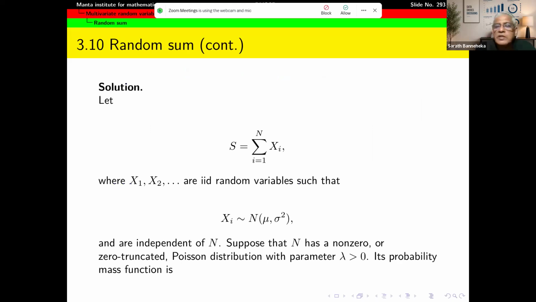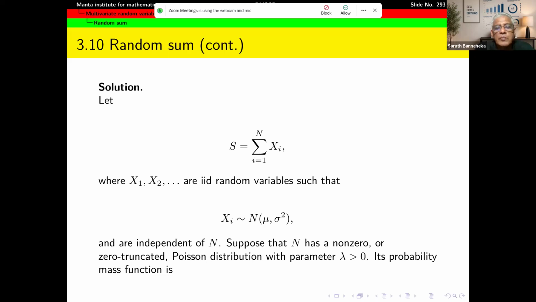So we are considering a sum of n random variables where n has a truncated Poisson distribution, and each xi is assumed to have the same normal distribution and be independent.